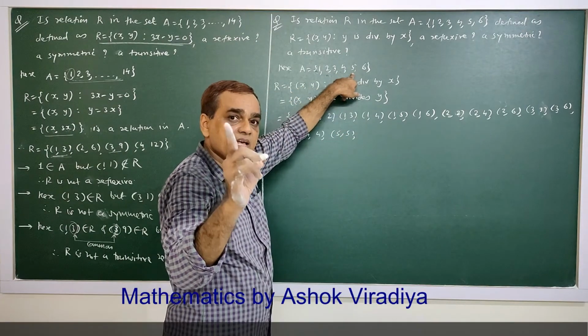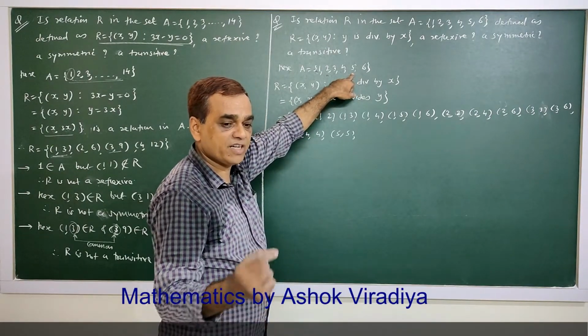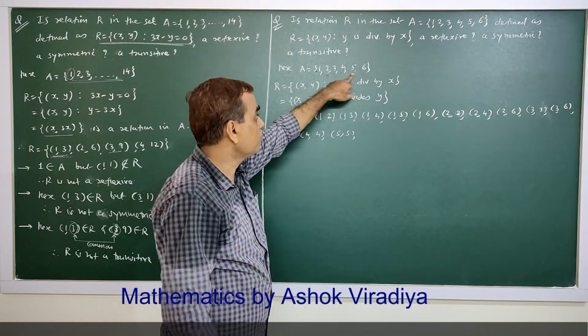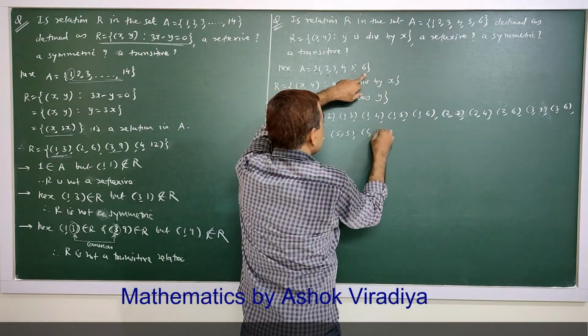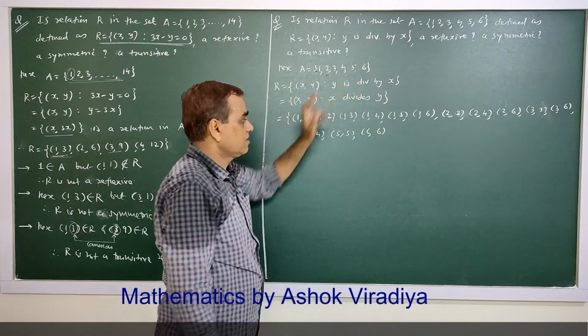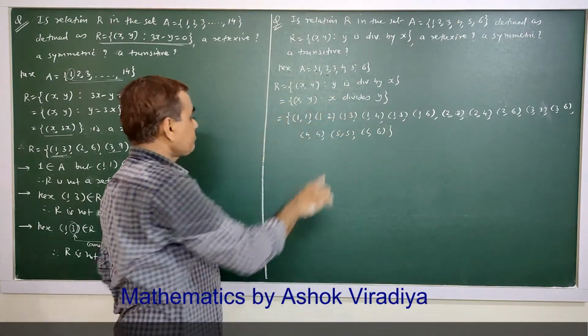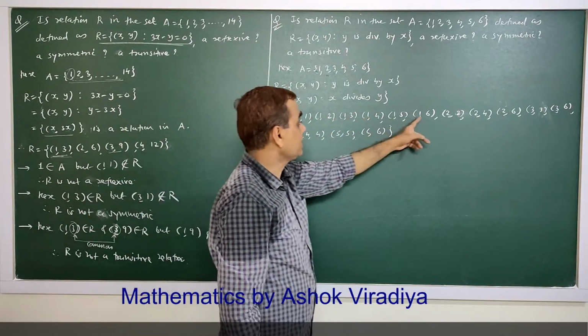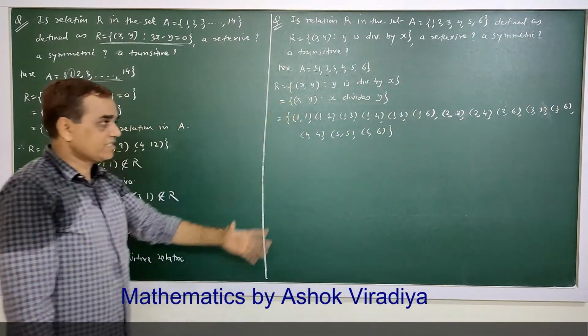Don't miss it. 5 divides 5, so 5 5 belongs to R. 5 does not divide 6. Then 6 divides 6. So these are the elements satisfying this condition: 1, 2, 3, 4, 5, 6, 7, 8, 9, 10, 11, 12, 13, 14 elements.